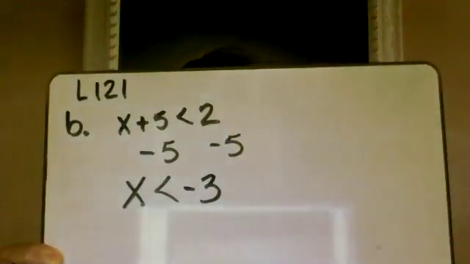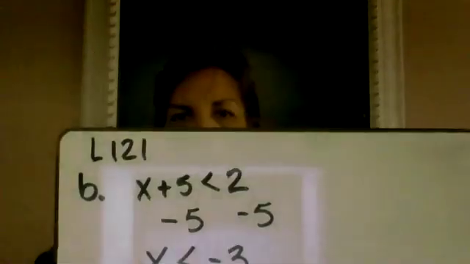Solve for x just like you would. Subtract 5. What are you left with? Now you're subtracting 5. Do you switch that sign? No. You only switch the sign if it's multiplying or dividing. Subtracting doesn't count. So my final answer would be x is less than negative 3.